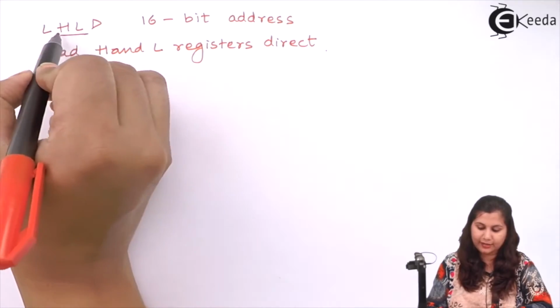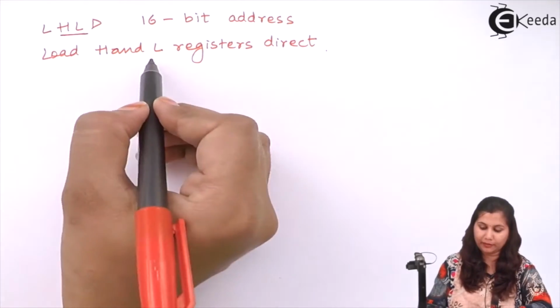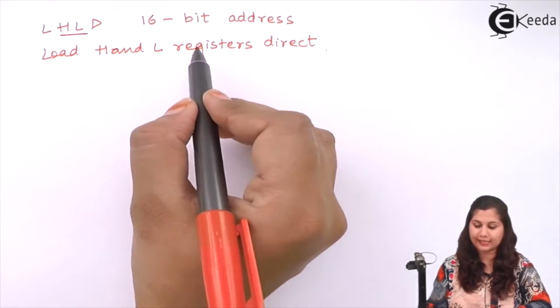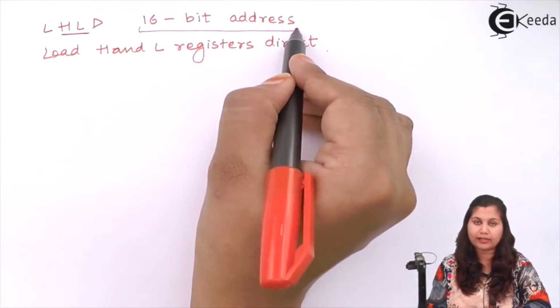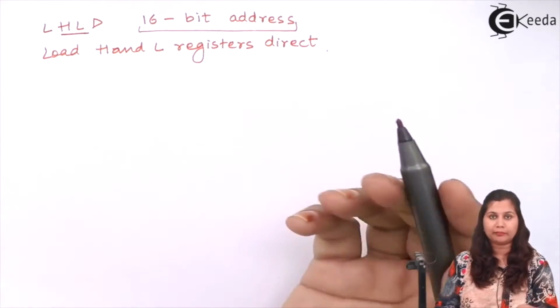HL is in the instruction itself, so you can remember that it is loading the H and L registers directly, and the operand is a 16-bit address. So this will be a memory location.